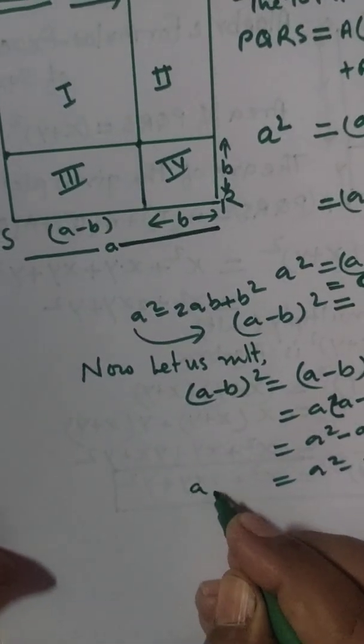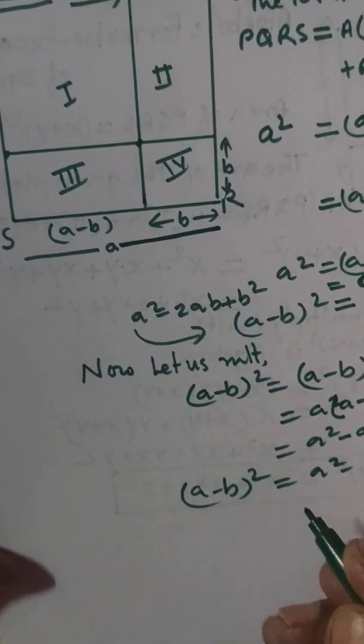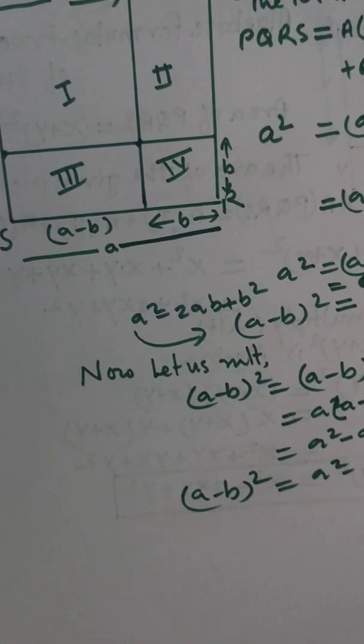Therefore, what you find, A minus B whole square is equal to A square minus 2AB plus B square.